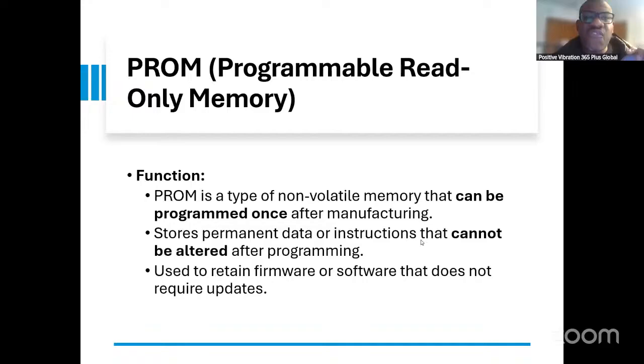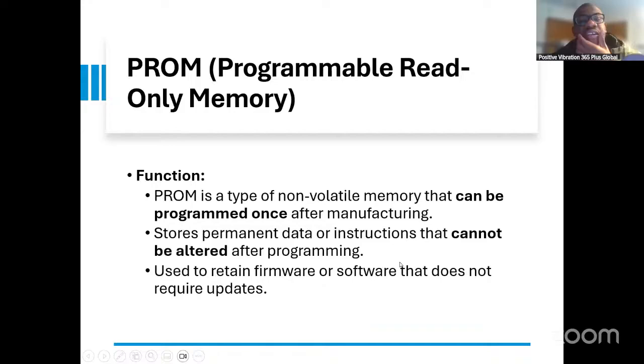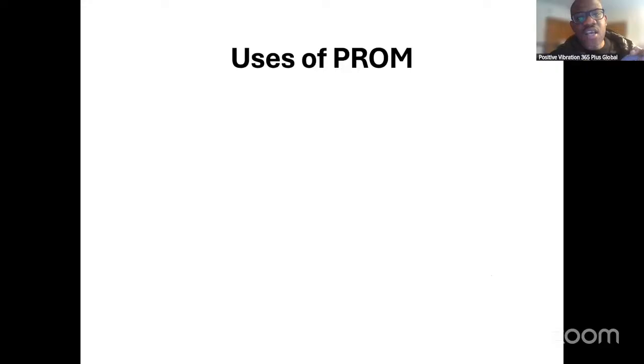It is used to store or to retain firmware or software that does not require updates. So any program that does not require any form of change or modification in the future, a good thing to store it on is a PROM.